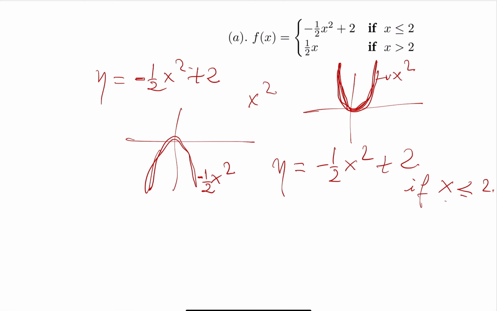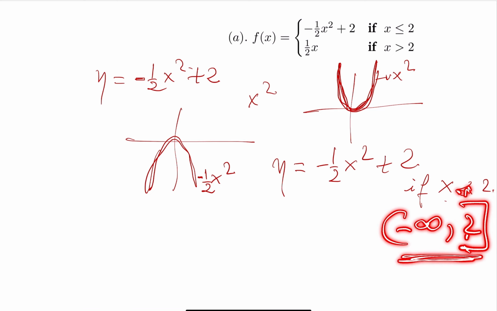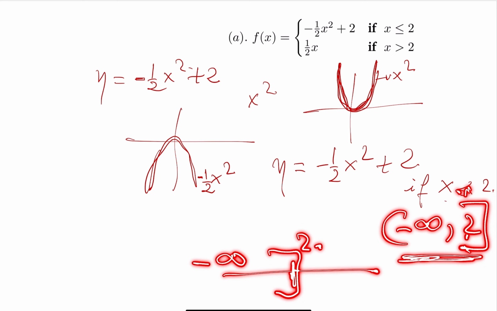This is the interval from negative infinity to 2, and make sure 2 is included. If you look at the number line, you have 2 here and 2 is included, and it goes to negative infinity.